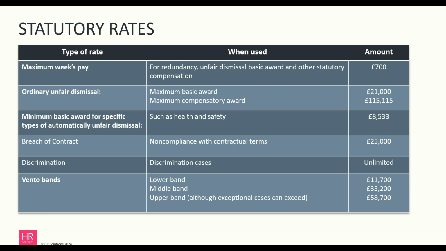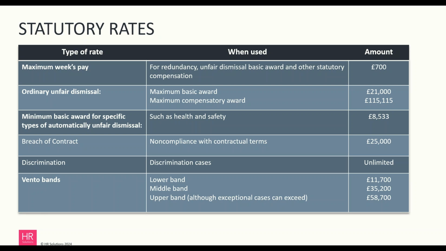They've been updated in April in line with the annual rate increases. So where you've got, for example, a breach of contract, say you didn't manage the family leave in line with the employee's entitlements under their contract of employment, non-compliance with contractual terms, breach of contract can lead to claims of up to a maximum cap of 25,000.